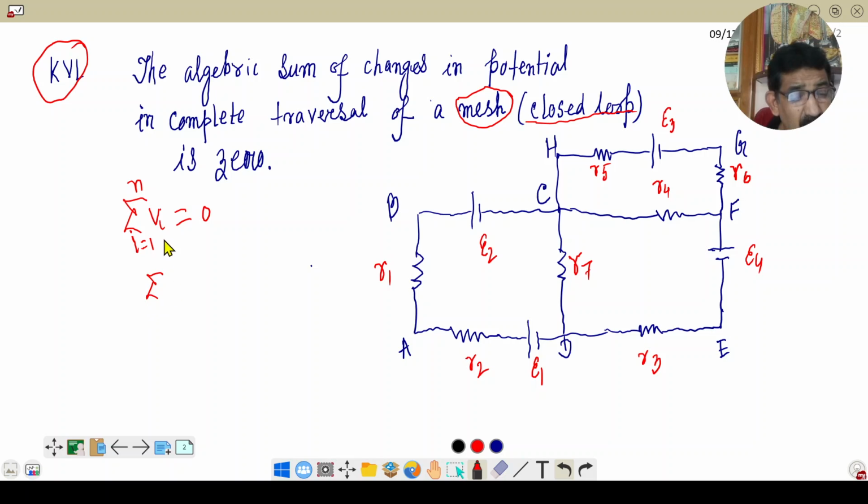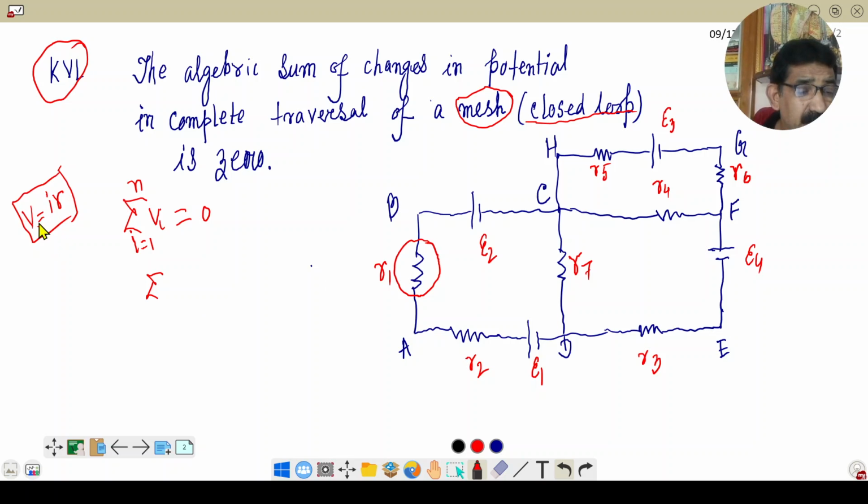Or, in place of V, we can say V is equal to I into R. So the expression of V and the expression of IR, that means current multiplied by resistance, means a voltage.